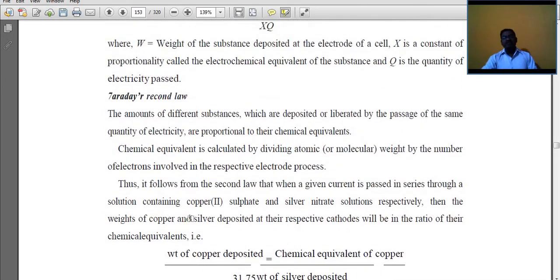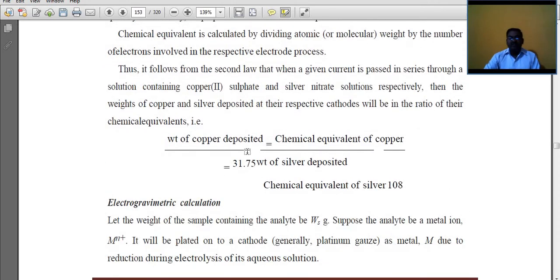Faraday's second law. The amounts of different substances which are deposited or liberated by passage of the same quantity of electricity are proportional to their chemical equivalents. Chemical equivalent is calculated by dividing atomic weight by the number of electrons involved in the respective electrode process.